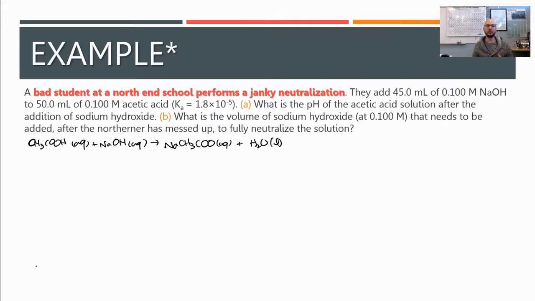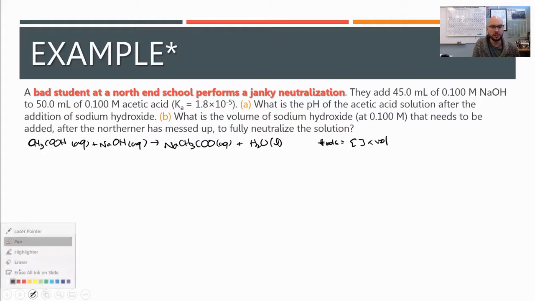Now, normally in a neutralization reaction, the amount of base and acid are equal. We're given both a volume and a concentration for both the acid and the base, hoping that they are equal. And we're going to see that that's not the case here in just a second. So we should recognize that moles of any substance is equal to the concentration multiplied by the volume.